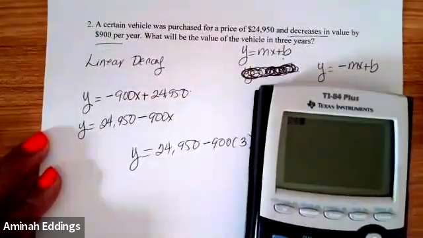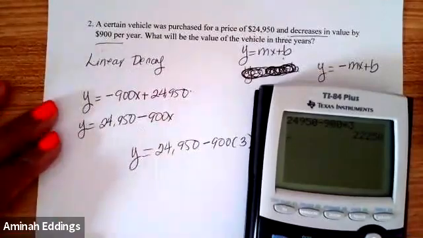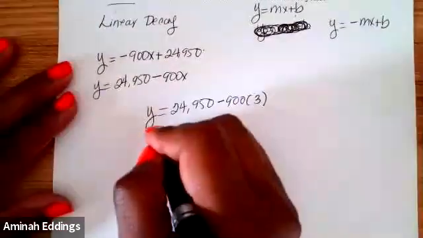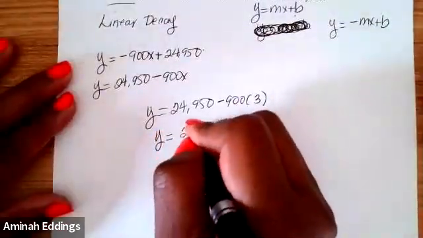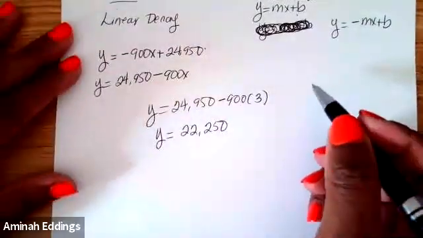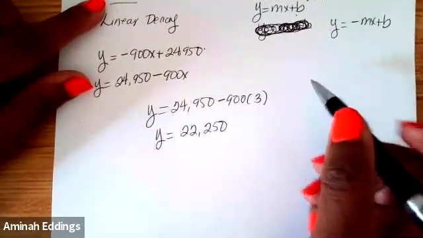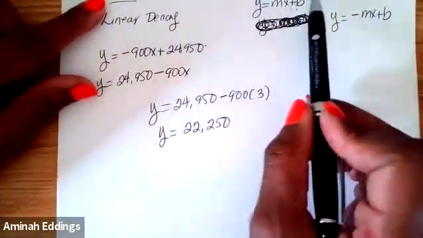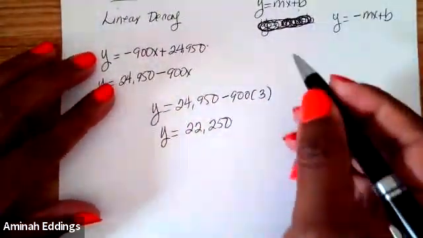Okay, so 24,950 minus 900 times 3, and we get 22,250. And this represents the depreciation value in 3 years. Okay.